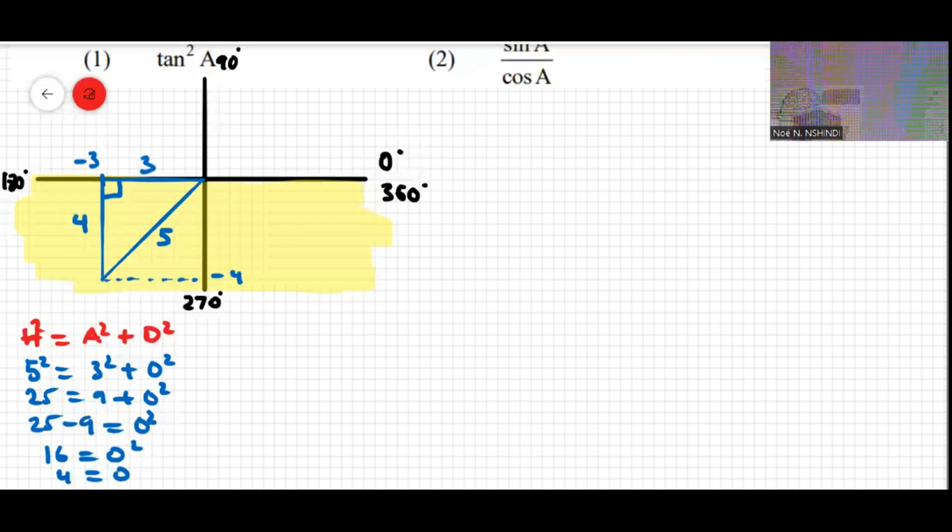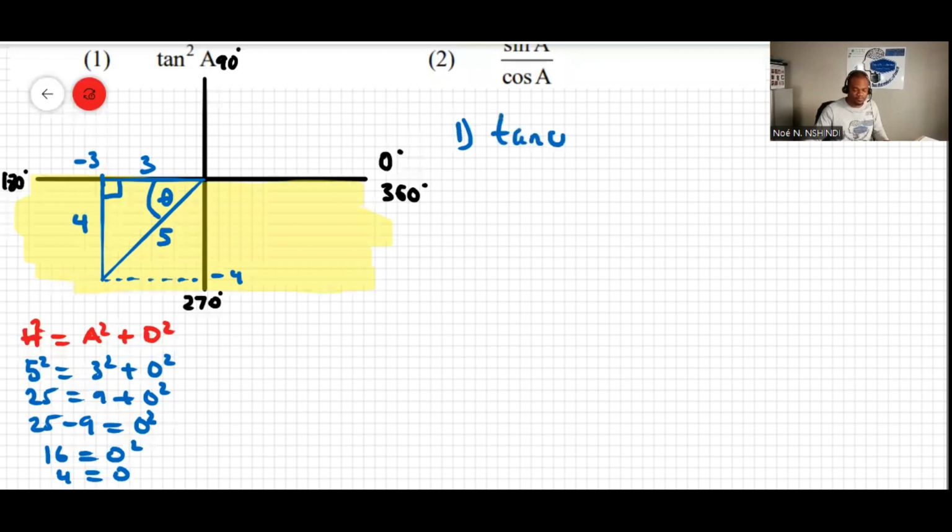So we need tan of the angle. Question 1. The angle is theta there. We know tan of the angle is given by opposite over adjacent.